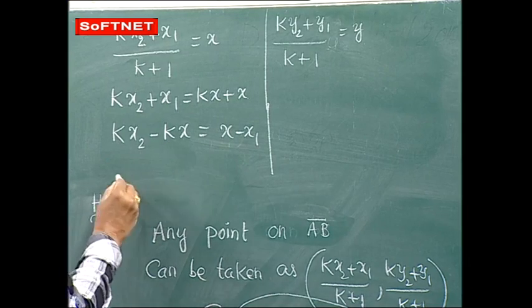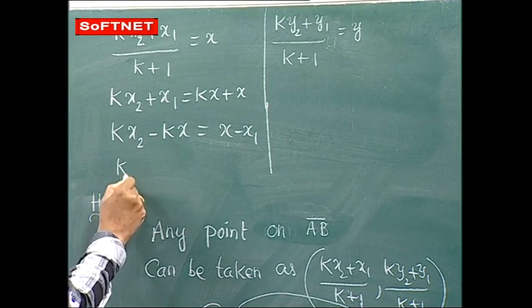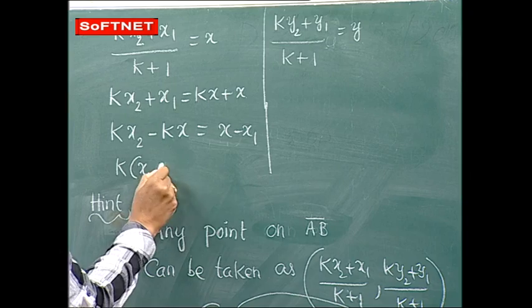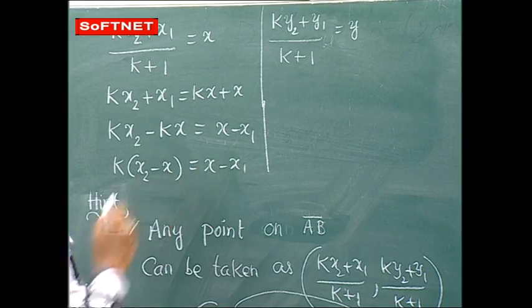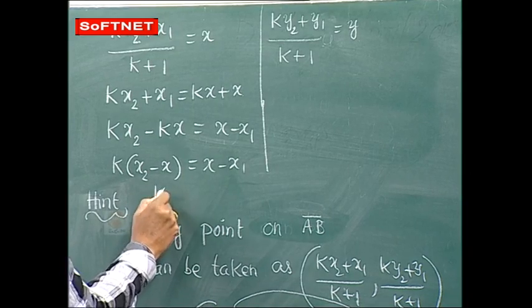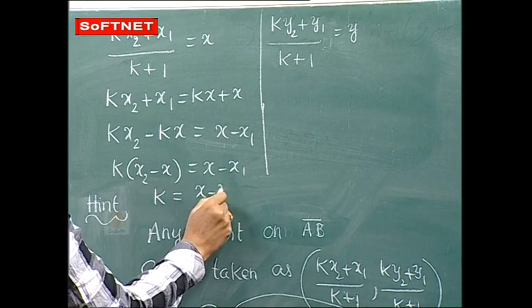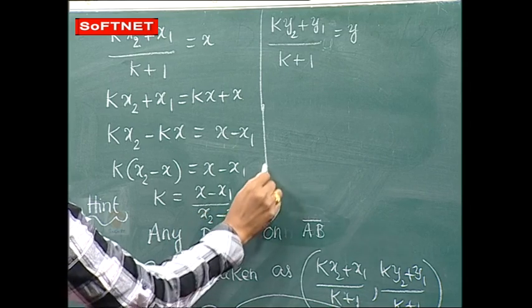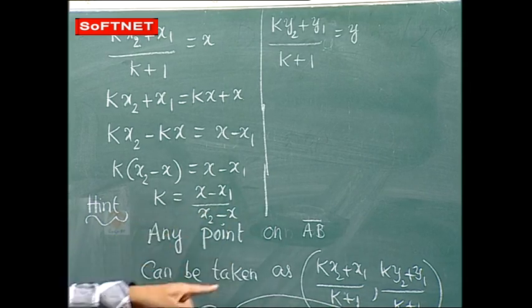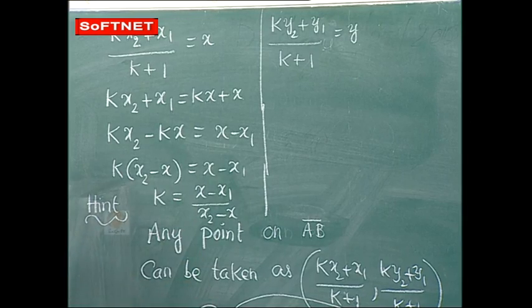From these two, take out k common, we get k(x2 - x) is equal to x minus x1. So, k is equal to (x - x1)/(x2 - x). So, using this one also we can find out the ratio.